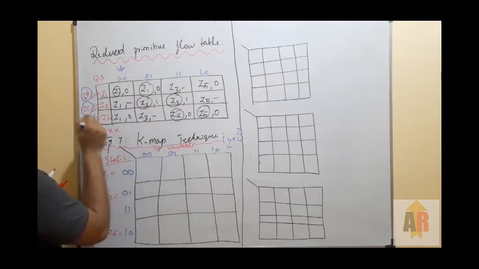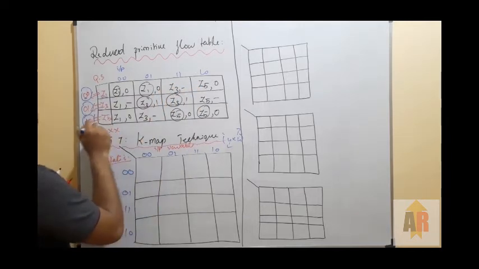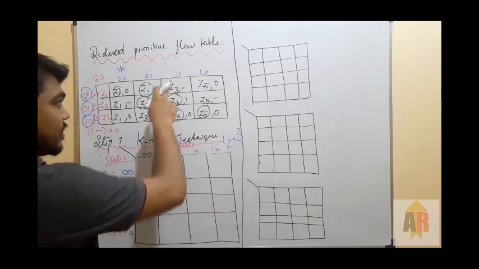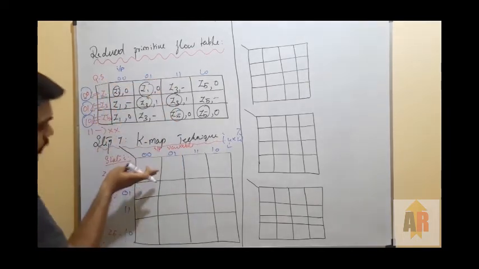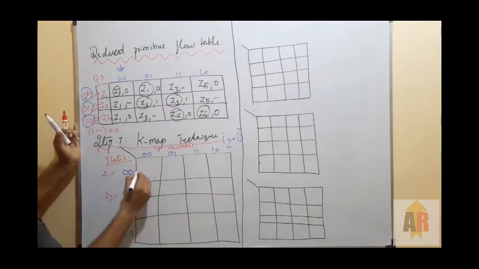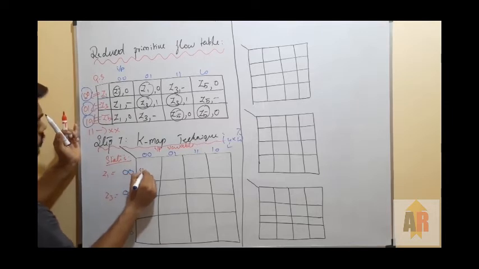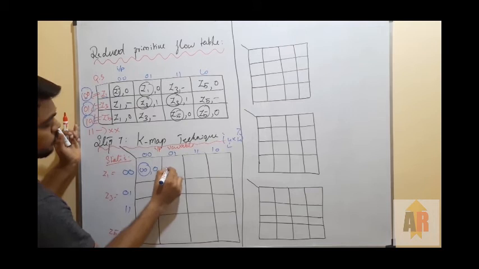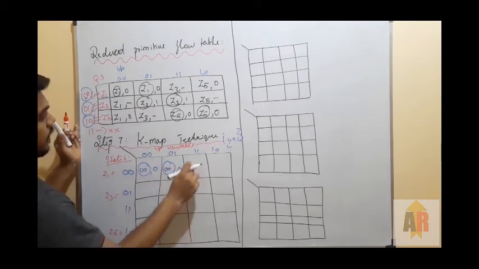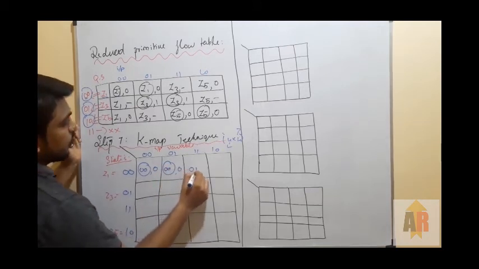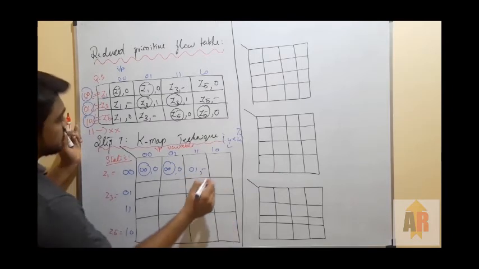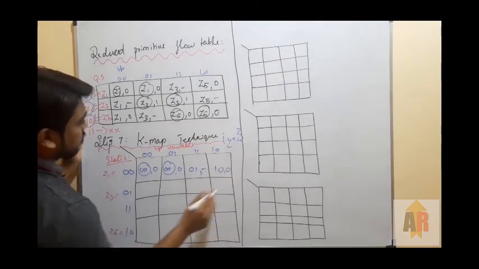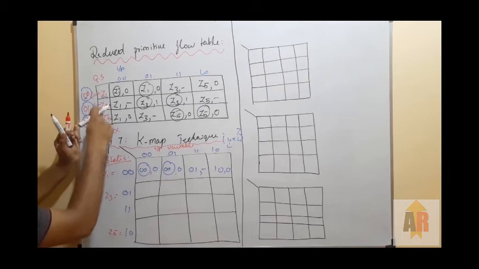Z3 is equal to 0 1 over here. Z5 is equal to 1 0 over here. Just like that, assign, and then copy paste the values here. So for Z1 it is 0 0 comma 0. Z1 is once again coming, so 0 0 0, and Z3 is coming, which is 0 1 comma dash. Z5 is coming, 1 0 comma 0. Then Z3 we are going to do for this one.